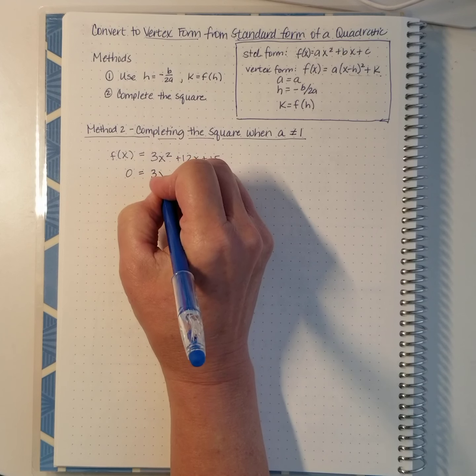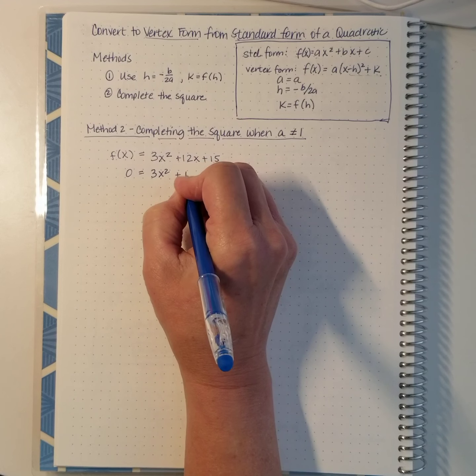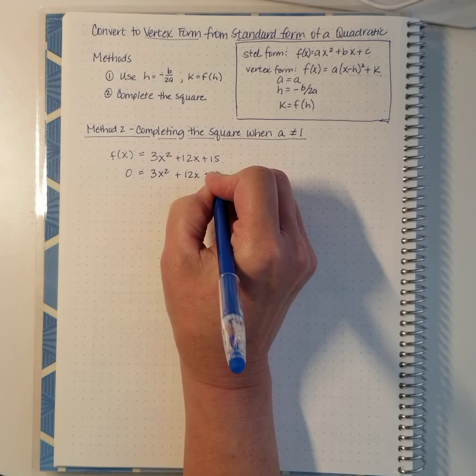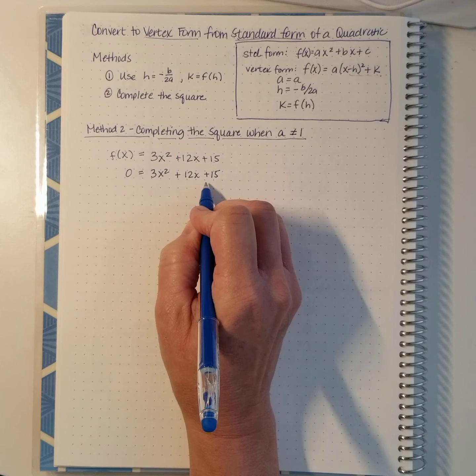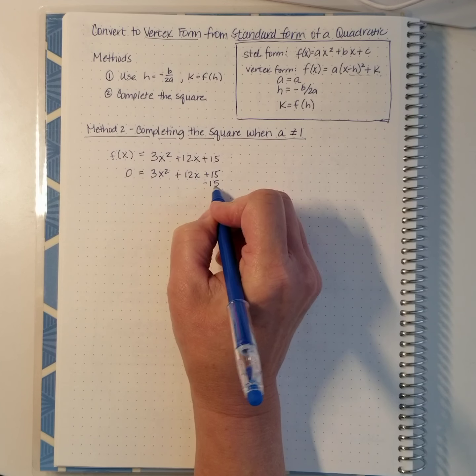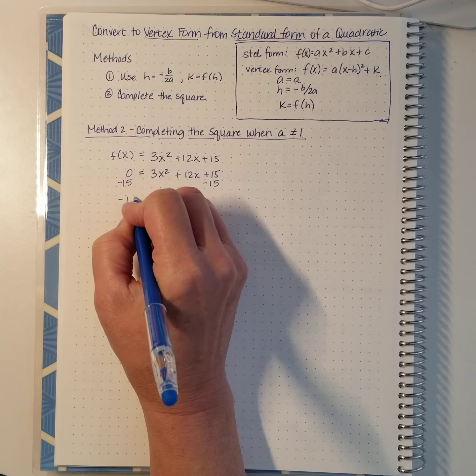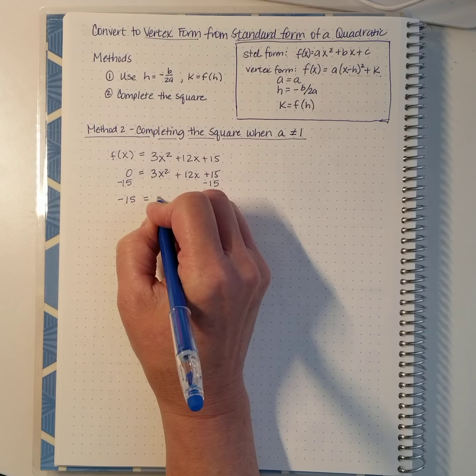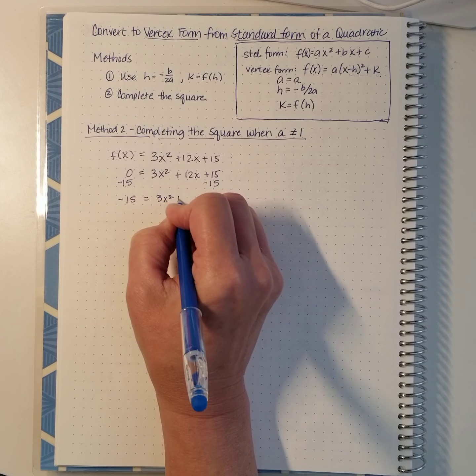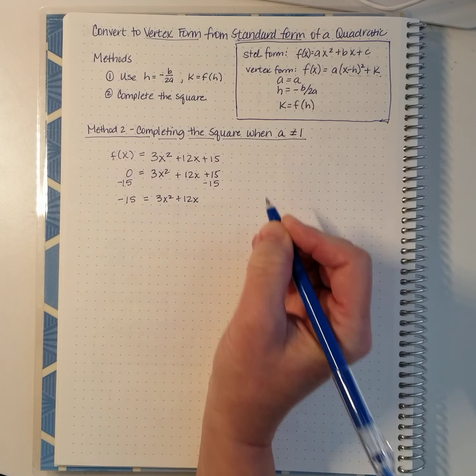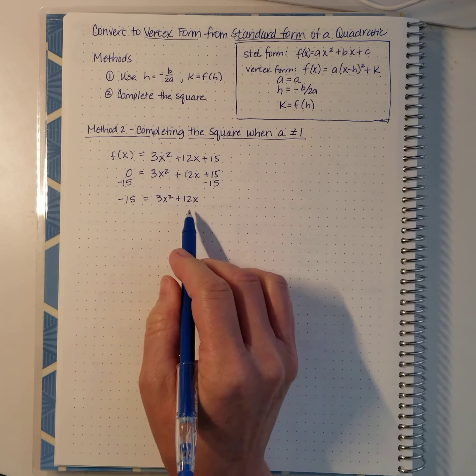So first step, a little more complicated than the last one. We're going to set this equal to 0. We're going to go ahead and subtract the 15 from both sides first, just like in the last video when we isolated our x squared and x terms. We did that on the first video.